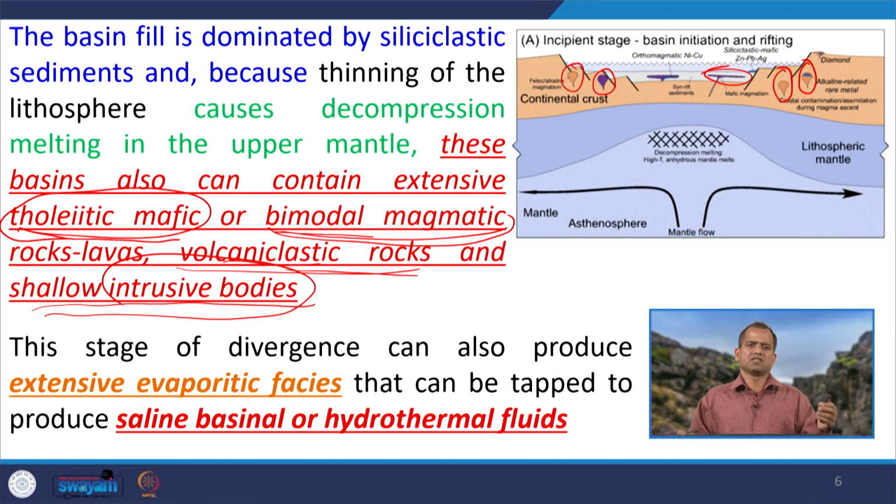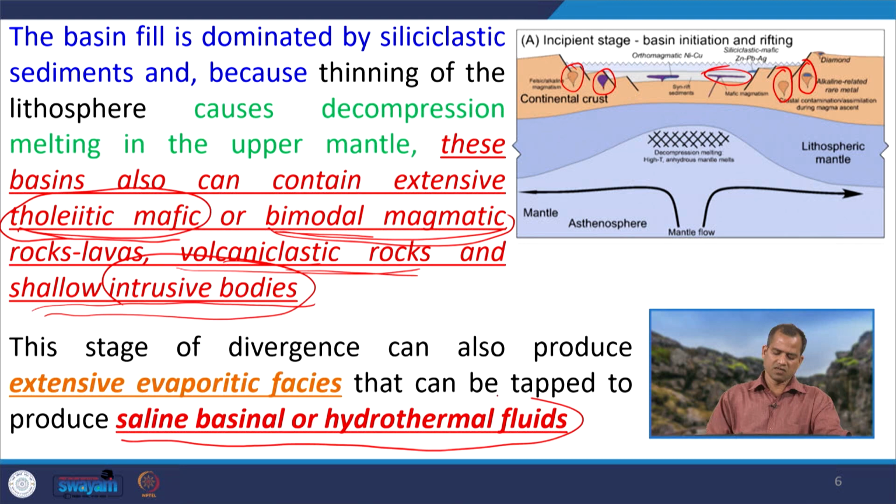So, this stage of divergence can also produce extensive evaporite phases that can be trapped to produce saline basinal and hydrothermal fluid. That is very important, because this saline fluid or hydrothermal fluid is responsible for mineral leaching from the surrounding rocks and mineral emplacement in the pore spaces and free spaces.